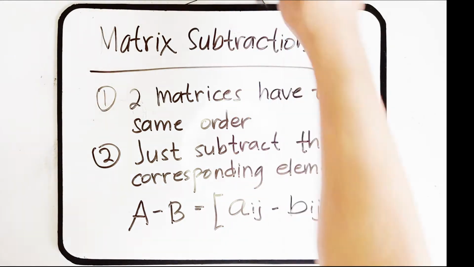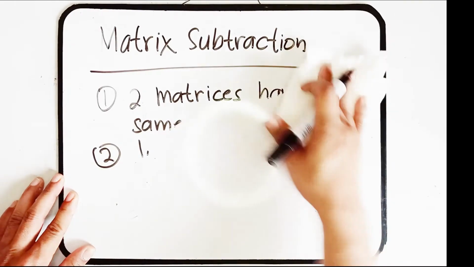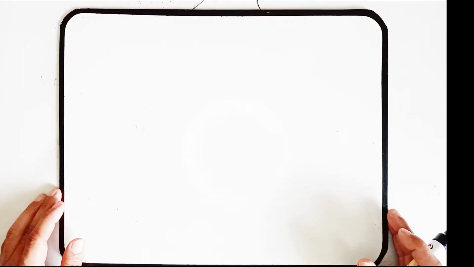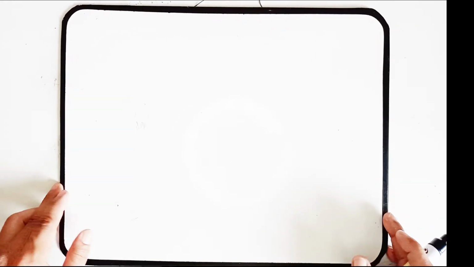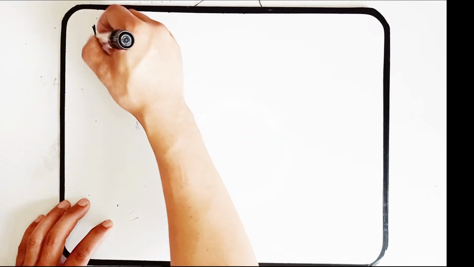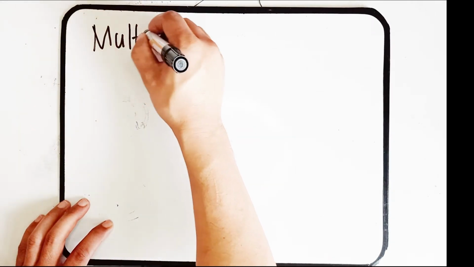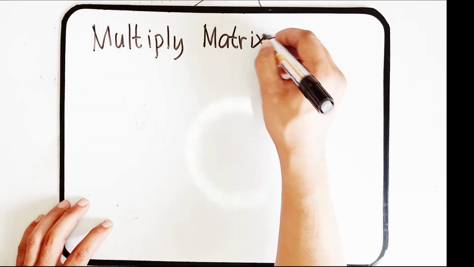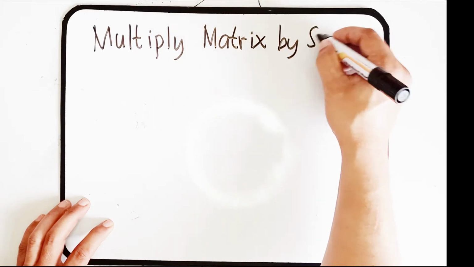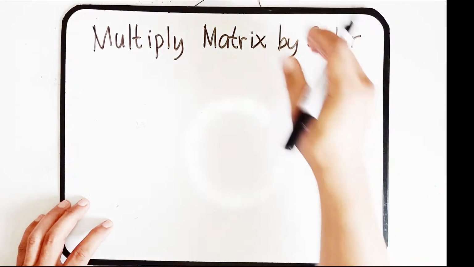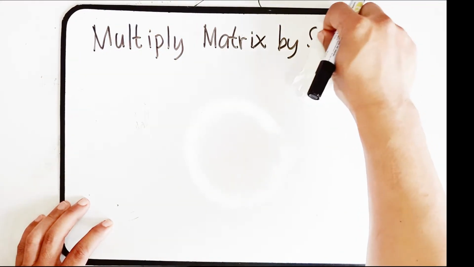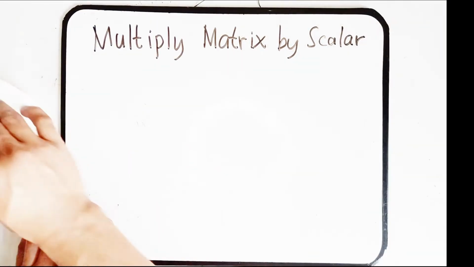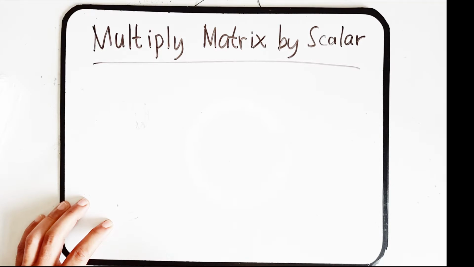Okay, so let's have another operation of matrix, which is the multiplication of a matrix by a scalar.